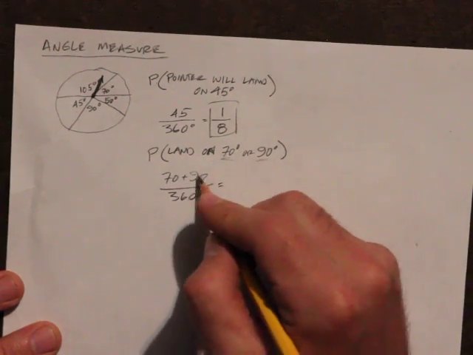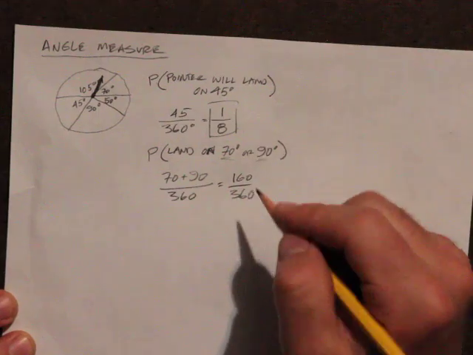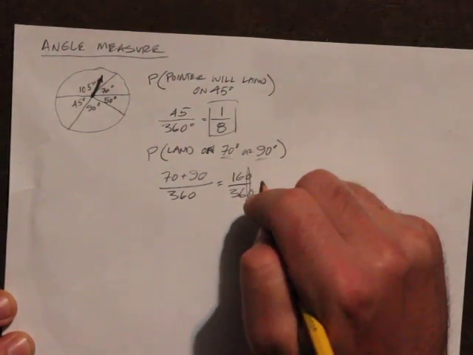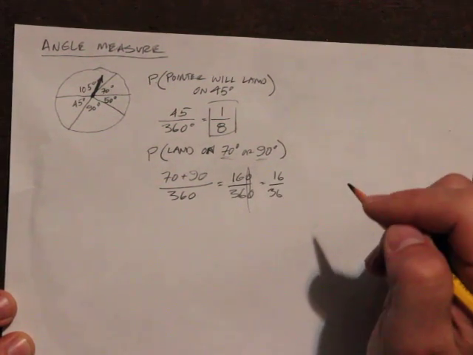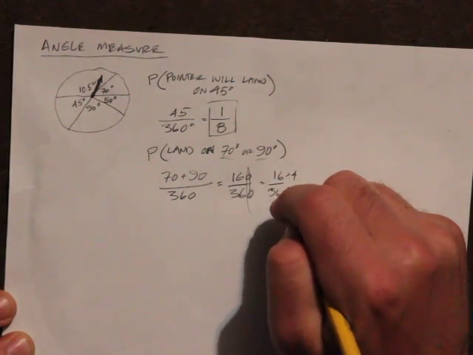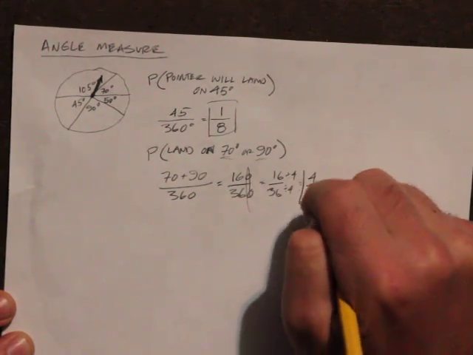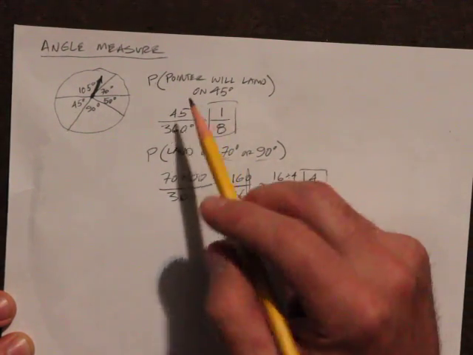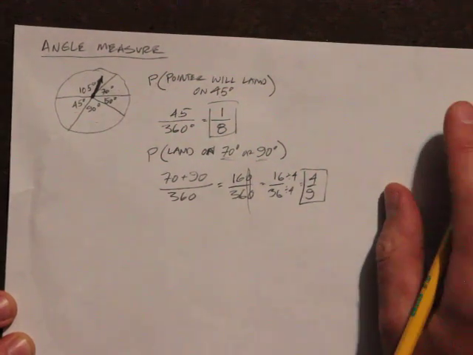So we have 70 plus 90 is 160 over 360. If we divide each of these by 10, I end up with 16 over 36. Now each of these I can divide by 4, and I end up with 4/9. So I have a 4/9 chance of spinning this and landing on 70 or 90 degrees.